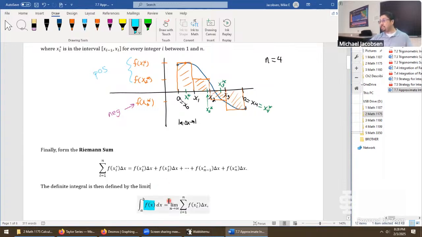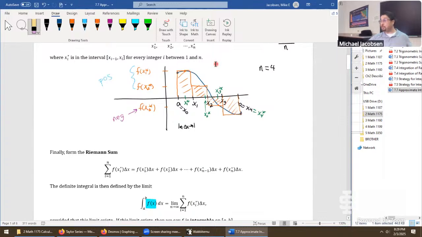And with approximate integration, all we're doing now is deleting that and saying approximately equal, and maybe using some kind of reasonable way to select these sample points so that they're not in random locations, and we can build out a formula more rapidly. So that's just a quick rundown of what we've been doing all along for the definite integrals and what we're about to do with our approximations.